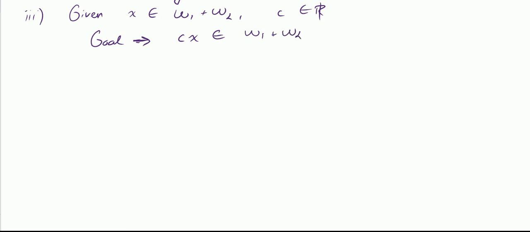The same thing that we did in 1 and 2 applies here. So if x belongs to W1 plus W2, then x can be written, and here I'll write it with lowercase, so this is uppercase W1, W2, as w1, where w1 belongs to big W1, plus w2, where w2 belongs to big W2.